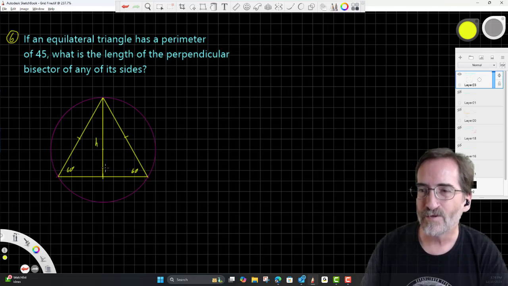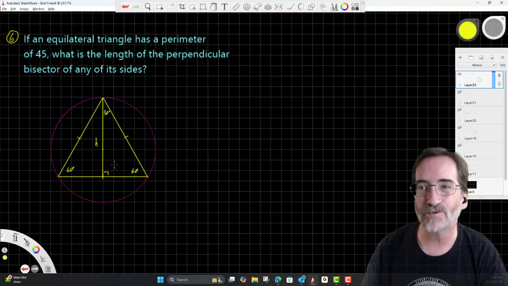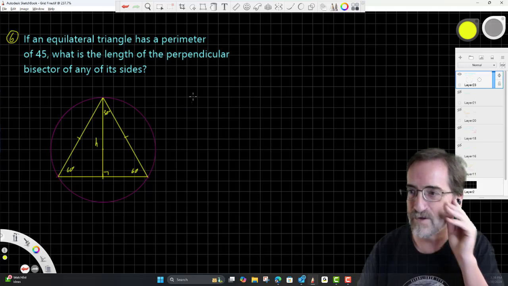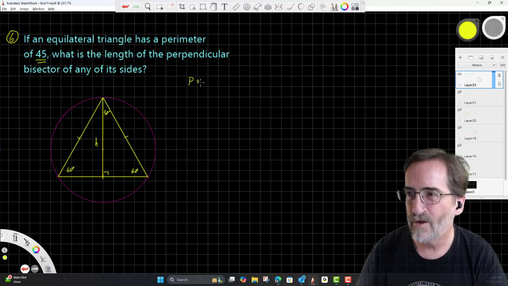Okay. So keeping that in mind here, this 60-degree angle is split in half, so this is 30 degrees. So this is a 30, 60, 90 triangle. And so we can use the 30, 60, 90 reference triangle to solve for it. But before we do that, let's go ahead and parse out this 45. 45 is the perimeter, right?